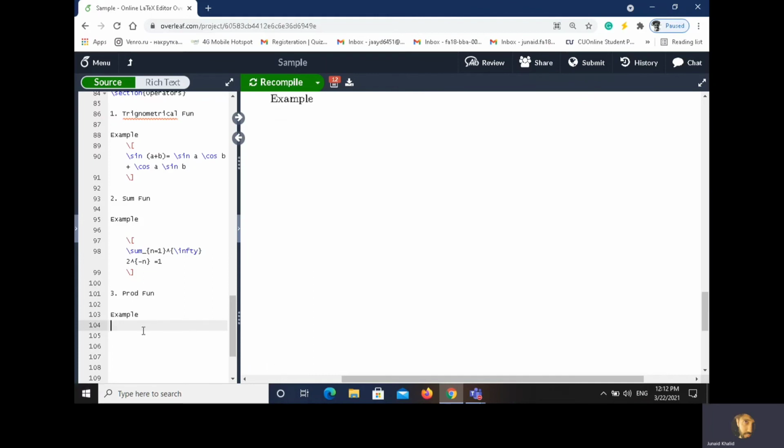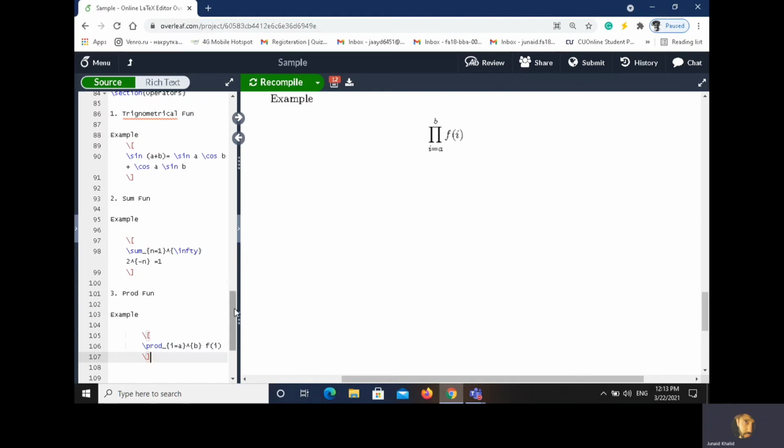So let's write example, bracket start, product underscore, we are going to write i equals to a, product power b and f of i, function of i, and bracket close, compile, and here it is our desired result, product function f of i.